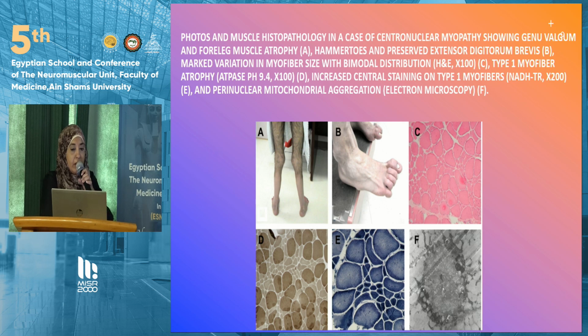This case is a centronuclear myopathy showing genu valgum deformity here, and the foreleg muscle atrophy, hammer toe here, and preserved extensor digitorum brevis. There is marked variation of fiber size in the muscle biopsy. Here, different sizes of muscle fibers.